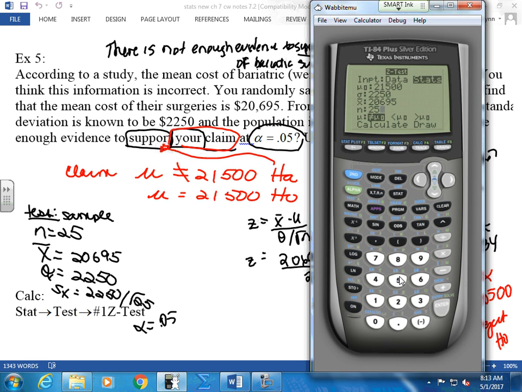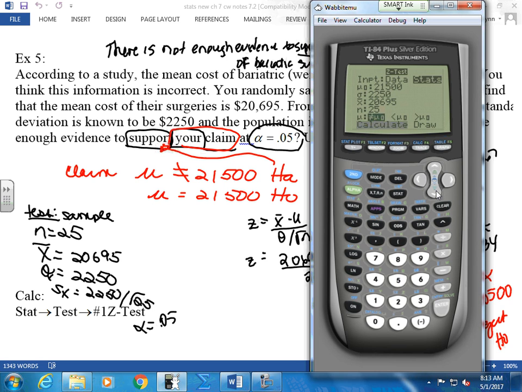So right now it says not equal. If it would have said less than, I would choose the less than. If it would have said greater than, I would choose the greater than. This one tells me it's not equal. It goes by the HA, whichever way it's set up. Because it goes here, mu less than this guy, mu not equal to this guy.